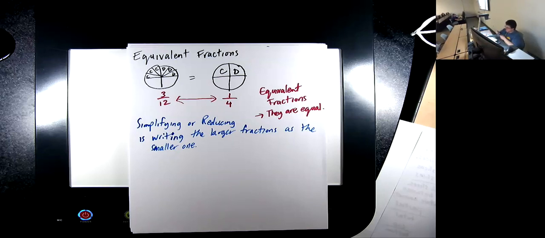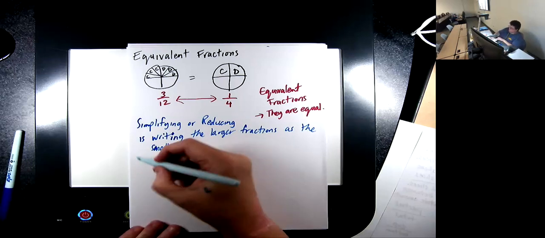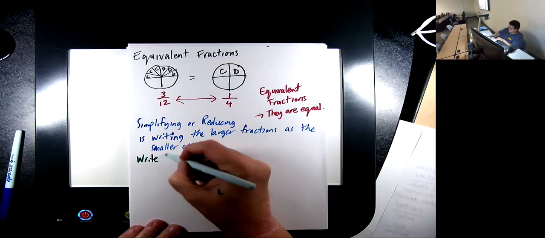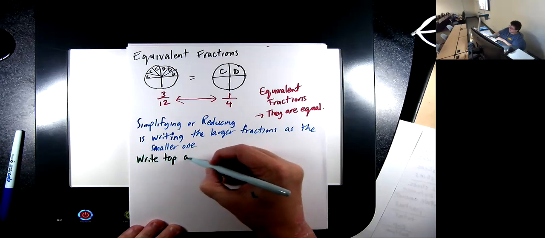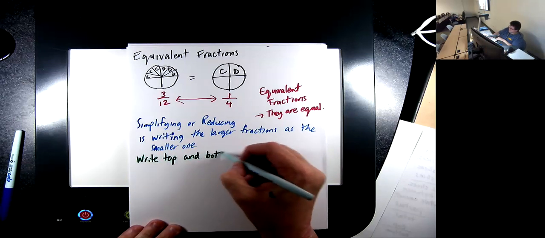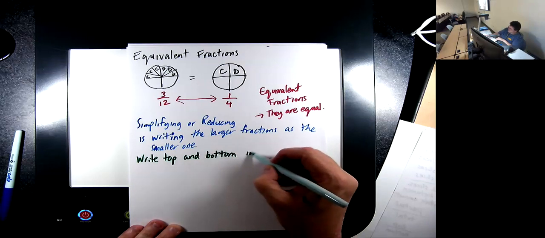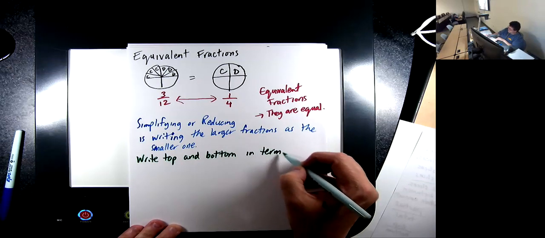How we go about doing this is we write the top and bottom in terms of their factors.